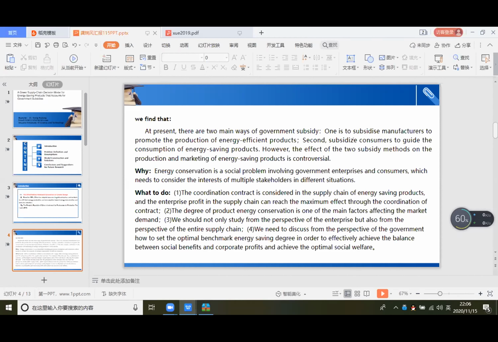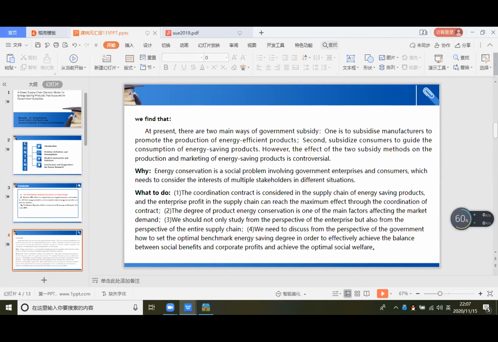What to do for this? Just one, coordination contracts are considered in the supply chain of energy-saving products, and the enterprise profit in the supply chain can reach the maximum through the coordination of contracts.